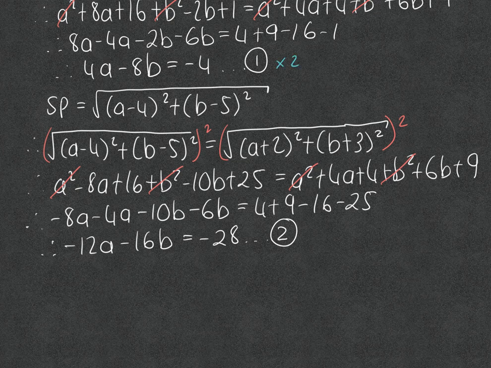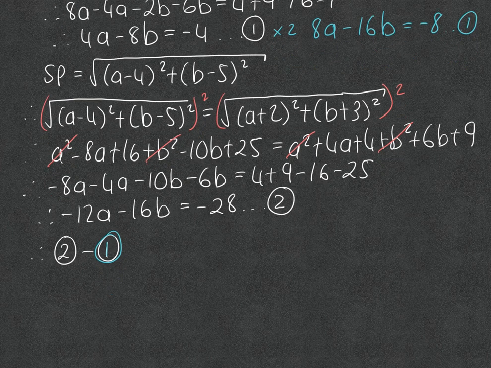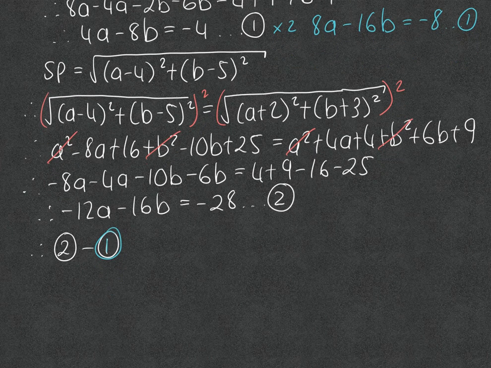And now you've created a new equation: 8A minus 16B equals minus 8. Now if I take equation 2 minus my new number 1, let's see what happens. Will it get rid of a variable? Yes, it will.